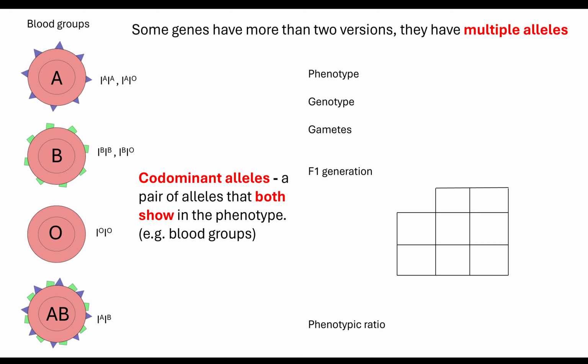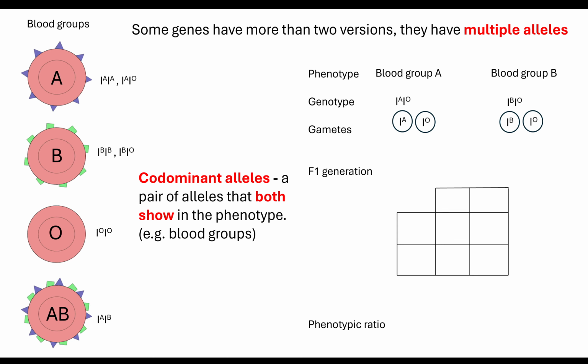So how does that work? If we took someone who has blood group A and someone who has blood group B, and they were heterozygous for their trait, there would be a possible gamete with an A allele and a gamete with an O allele.